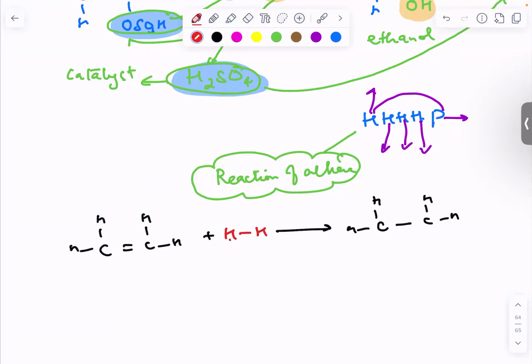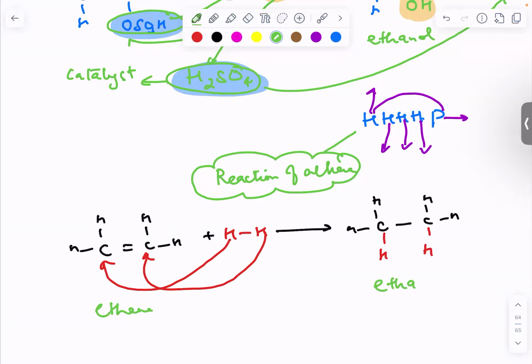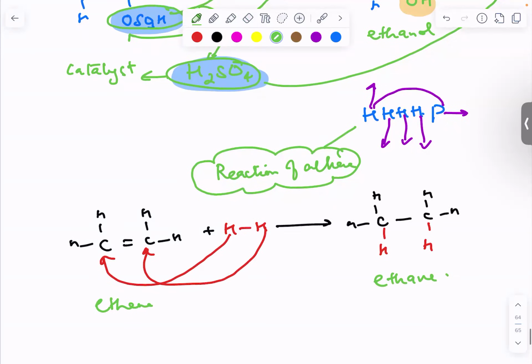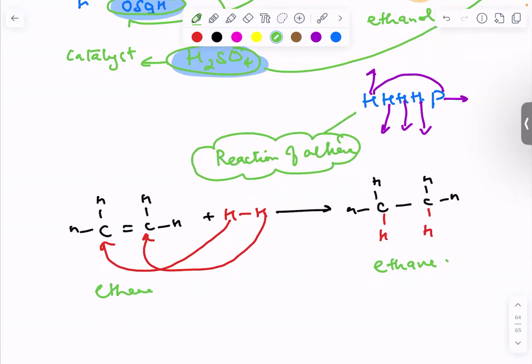So what is going to happen? One hydrogen will be added here across the double bond, and the second hydrogen will be added here. So what is happening? Ethene is being converted to ethane. All right. And this is basically polymerization, but in your syllabus, it is given as a different topic. So I'm going to deal with it in a different chapter.